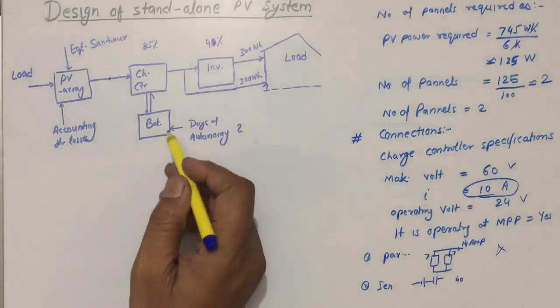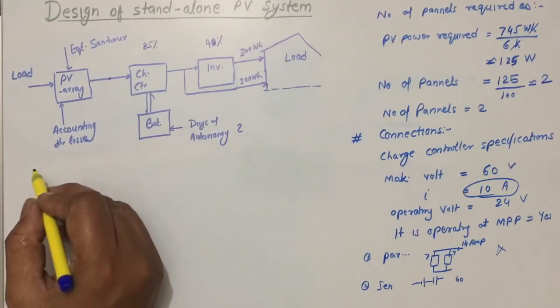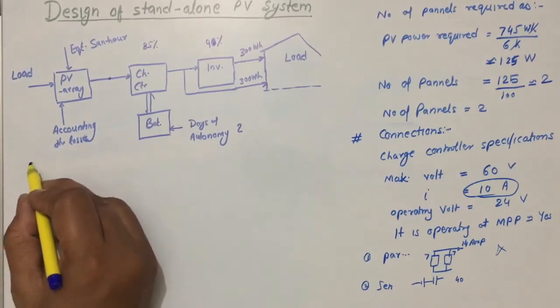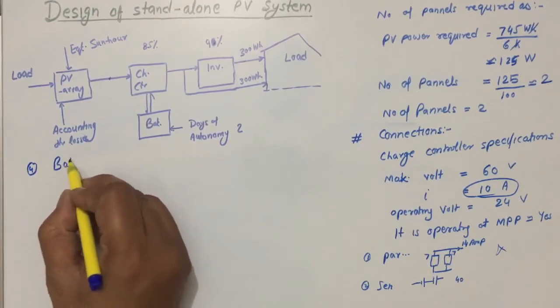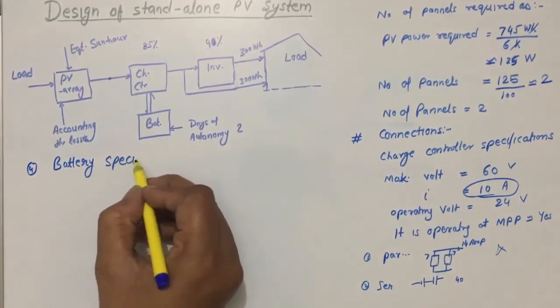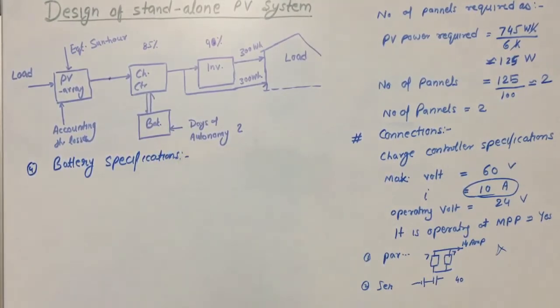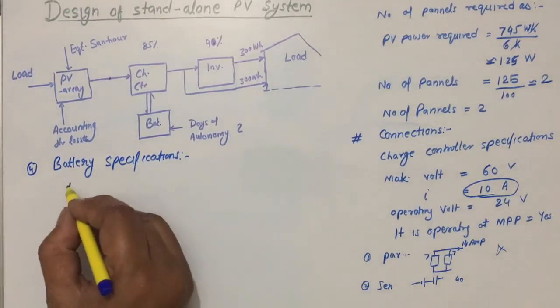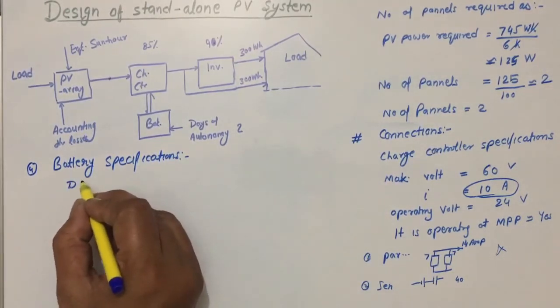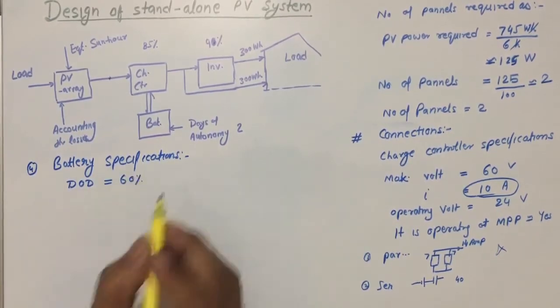Now next thing is the battery specification. For the battery the important term is DOD, that is given as 60%.